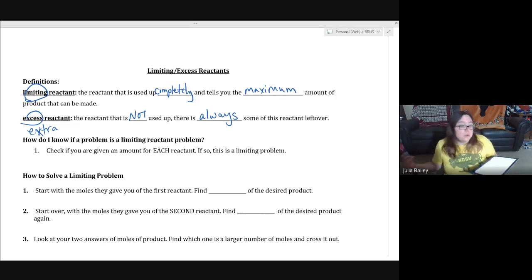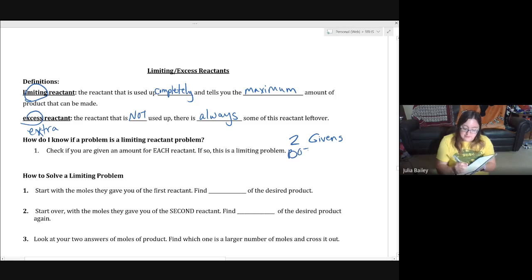So how do you know if a problem is a limiting reactant problem? You're going to be given an amount for each reactant. So that's going to make it a limiting problem. If you have 2 givens and they are both reactants, then this is going to be a limiting or excess problem.